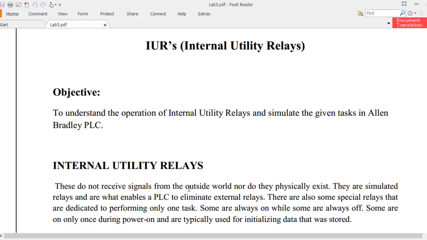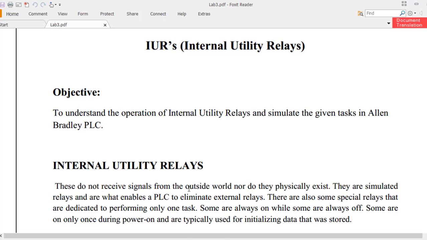So what's the difference between the inputs and the internal utility relays? These cannot be directly turned on or off by you like the normal input switches, and they are basically some intermediate outputs of the circuit that you are working on.